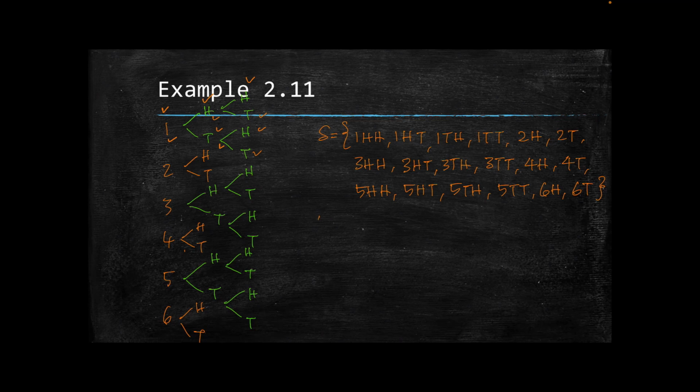And then we have event A, where the number on the die is less than 3, and event B is when the tails come up twice.